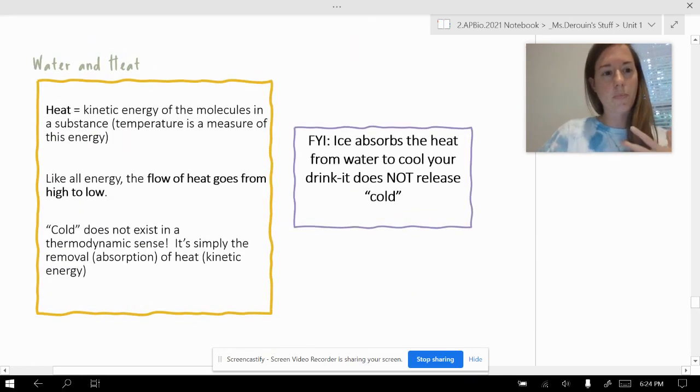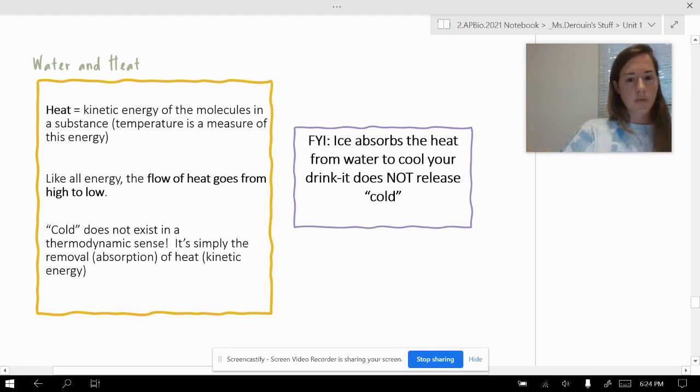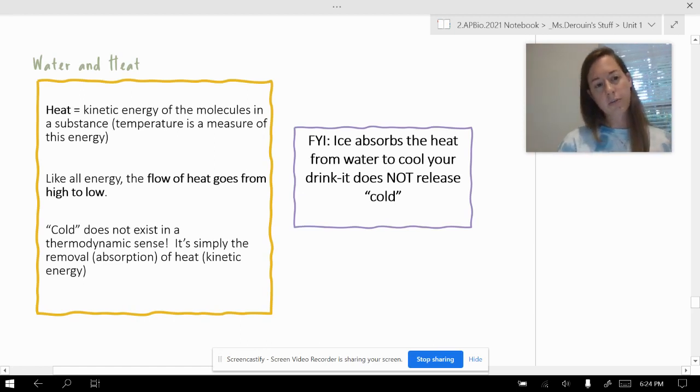All right. So now let's talk about water and heat and its really cool abilities related to that. Just sort of a refresher from physics, or maybe you didn't know, but heat is just a measure of the kinetic energy of the molecules in a substance, and temperature is a way to measure that energy, the movement of the molecules.